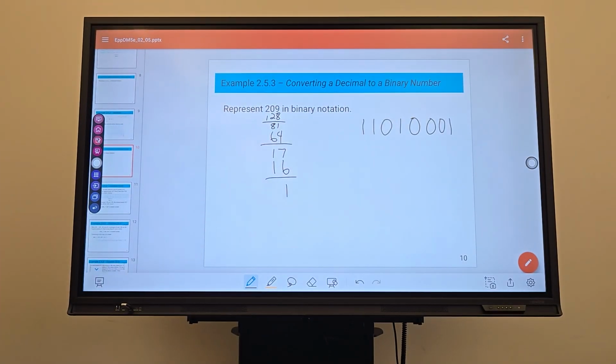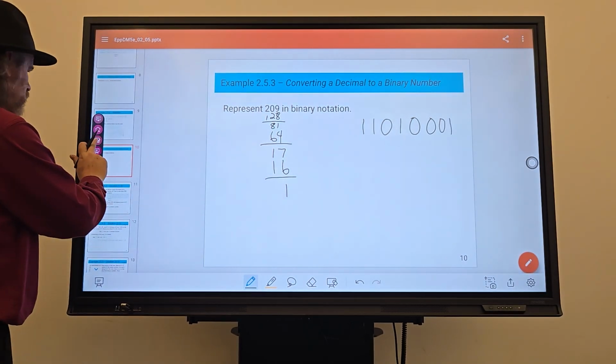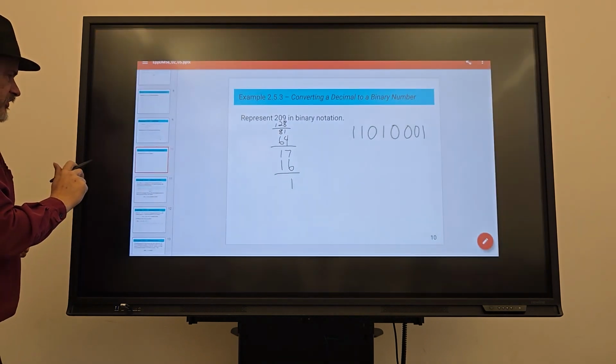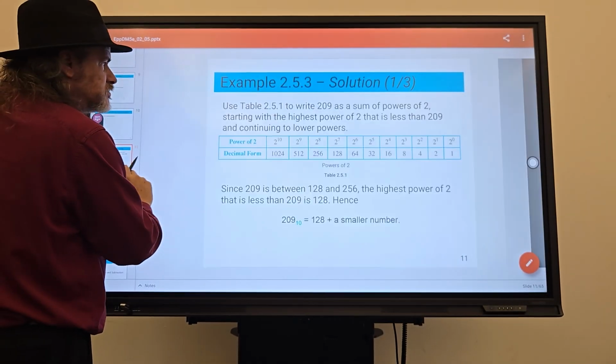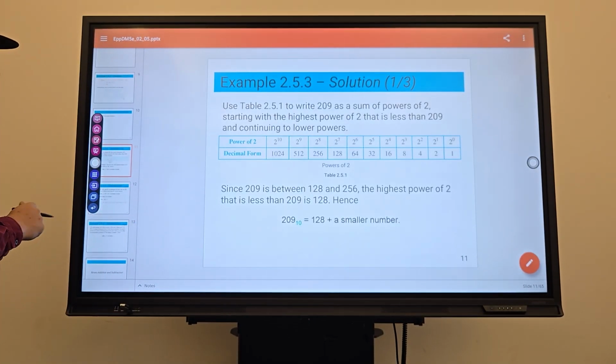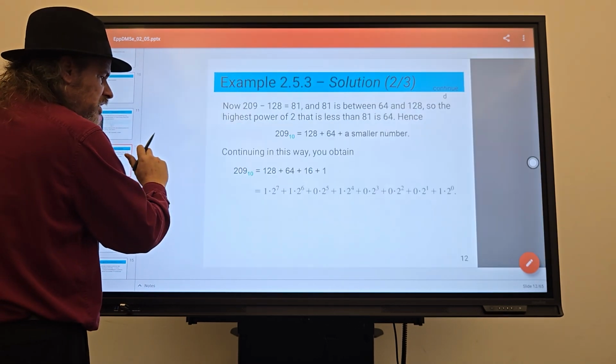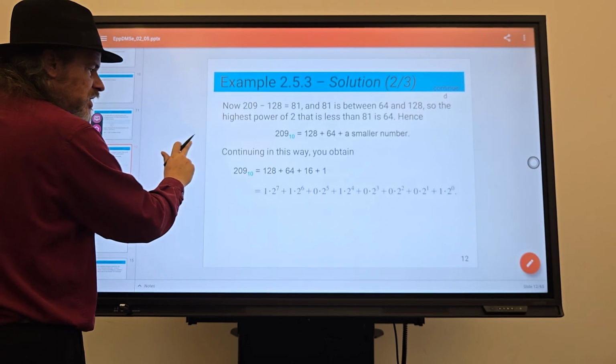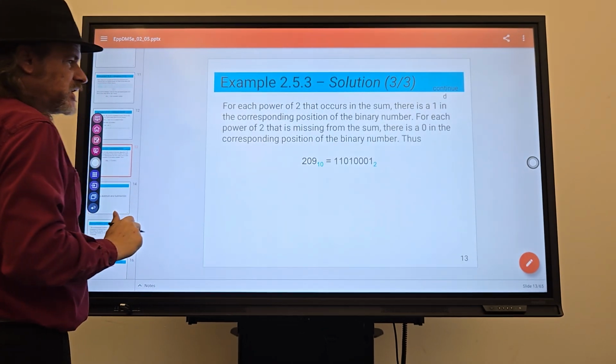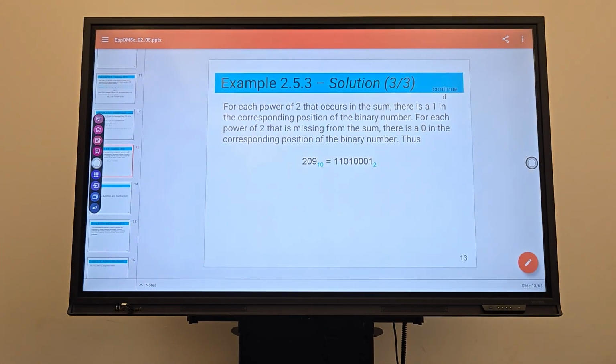So that should be the binary representation of that decimal number. Let's see if I did that right. Yeah, going through the process of that, and so you get 11010001. There you go.